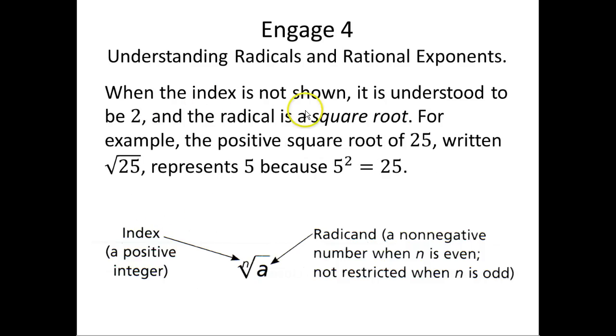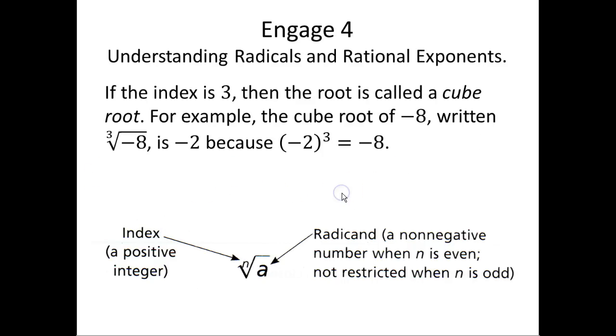When the index is not shown, it's implied that the index is 2. Whenever you don't see a number there, you assume that the index is 2, and the radical expression is called a square root. For example, the positive square root of 25 represents 5 because 5 squared is 25.